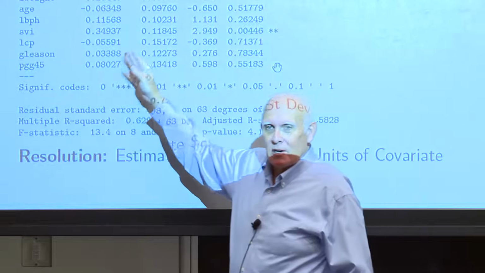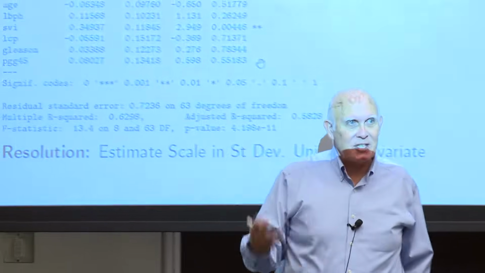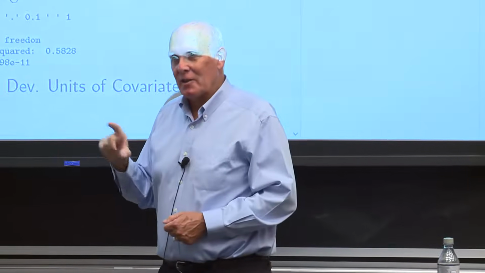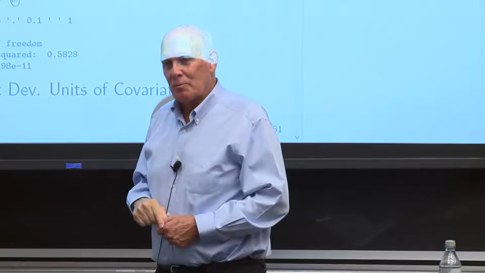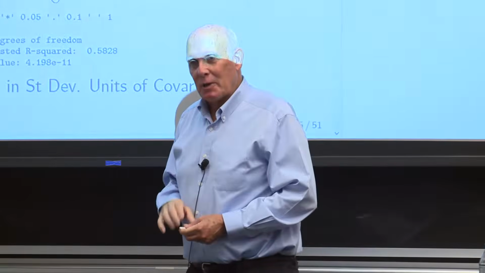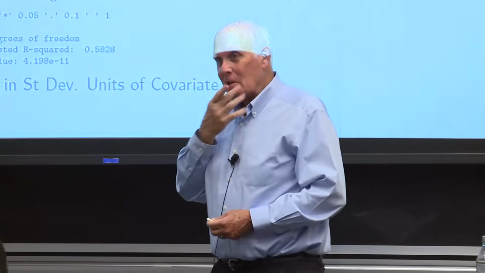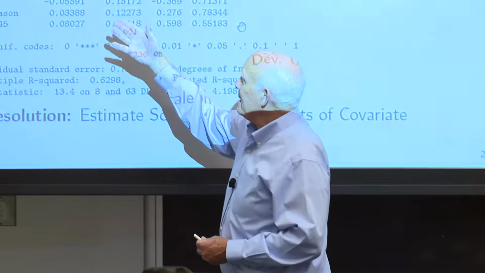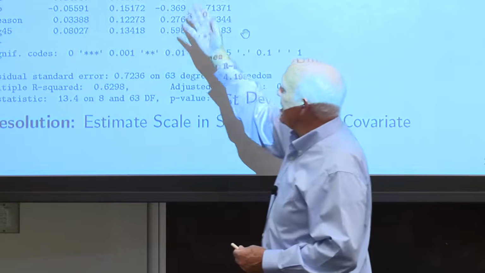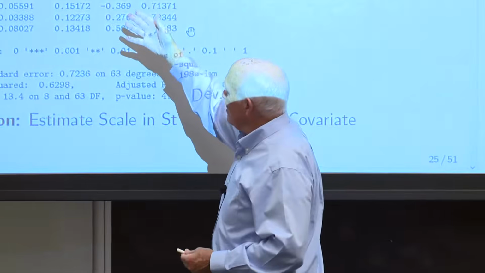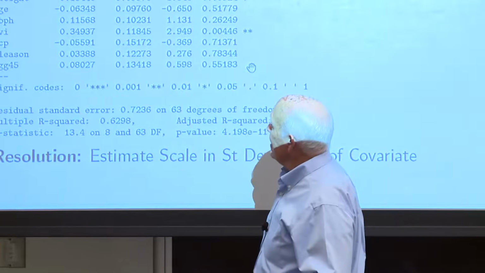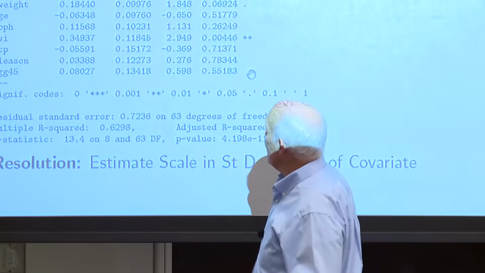What's particularly useful when we use the standardized covariates is that the magnitude of the coefficients on the standardized scale corresponds to the impact of a 1 standard deviation move of the independent variable. If we have an age value that's 1 standard deviation above the mean, it doesn't have much of an impact on the dependent variable.